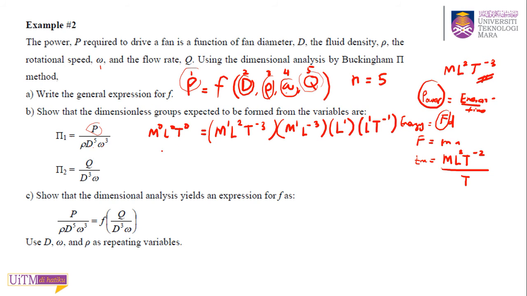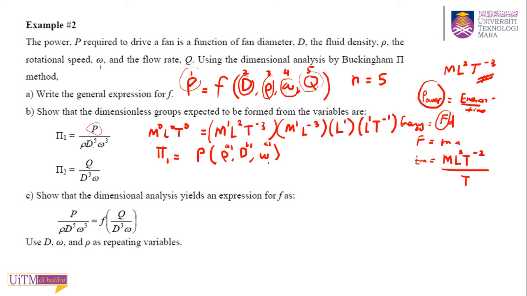So for pi 1, this will be P times the repeating variables rho, D and omega, with exponents A1, B1 and C1.